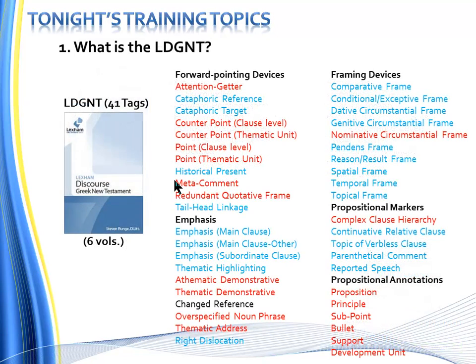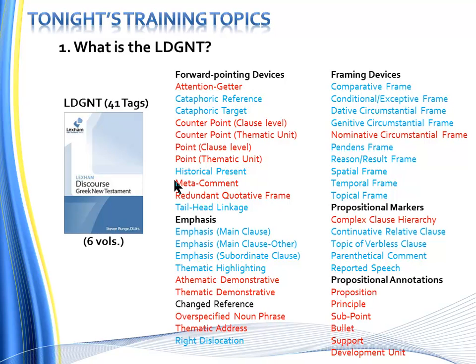Tonight, we're going to focus on the LDGNT. That's the Lexham Discourse GNT. Now, first let me back up. Logos says there are 41 tags inside this marked up Greek New Testament, the Lexham Discourse book. And if you buy this, you have to buy it in a 6-volume set. In other words, you can order the 3-volume set, the ESV and the 2 glossary and introduction volumes, but you cannot order the Lexham Greek New Testament separately.